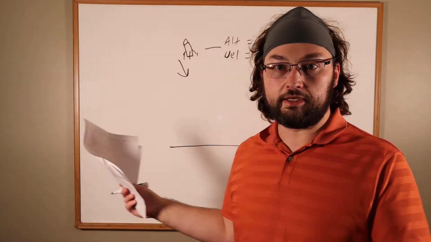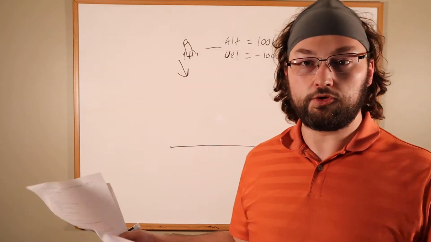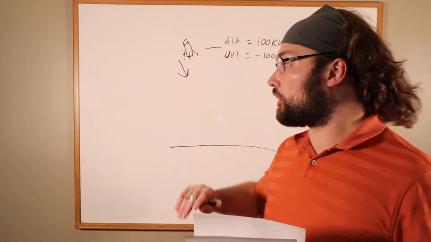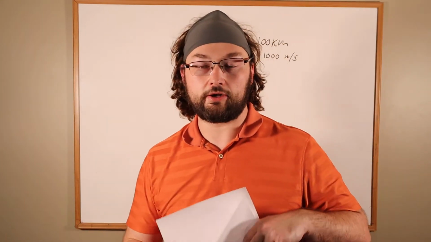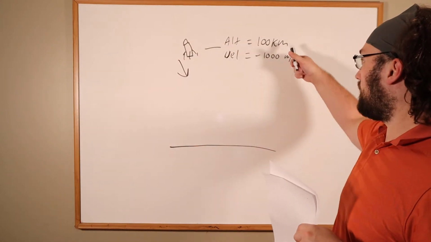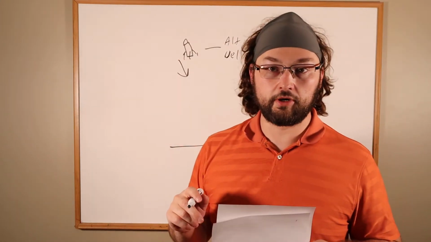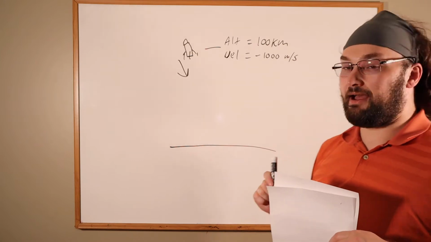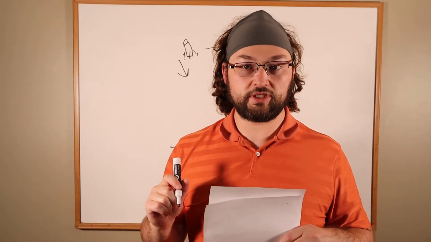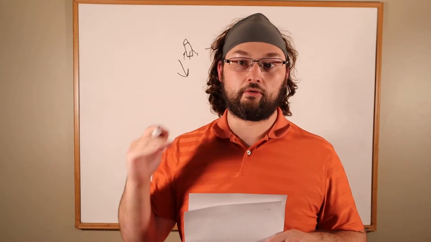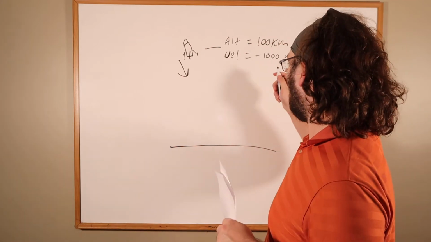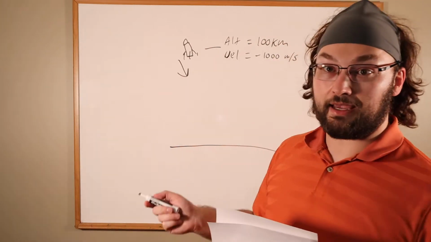Assuming we don't accelerate further, and we're in gravity, so we would accelerate further if we don't do anything, but assuming we burn the engine to exactly counteract gravity, if we're 100 kilometers up and we're moving down at 1,000 meters per second, then we're going to hit the ground in 100 seconds.